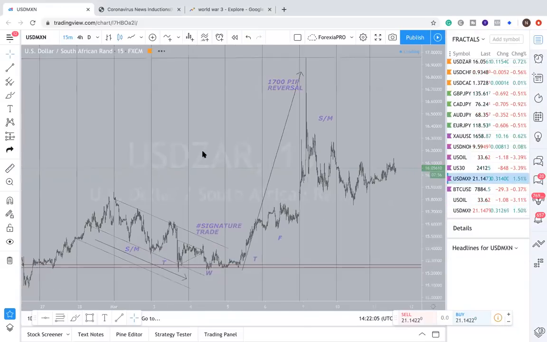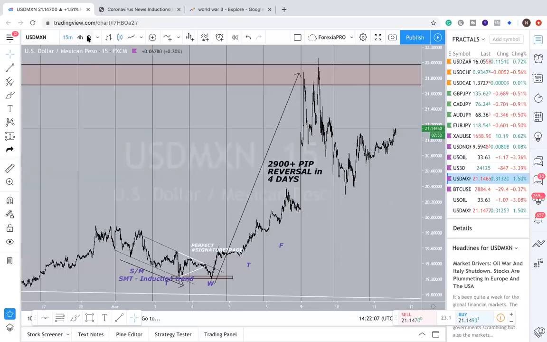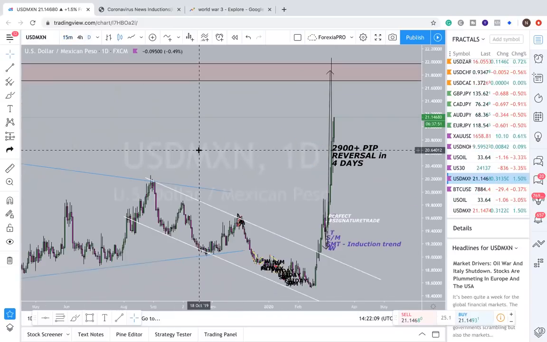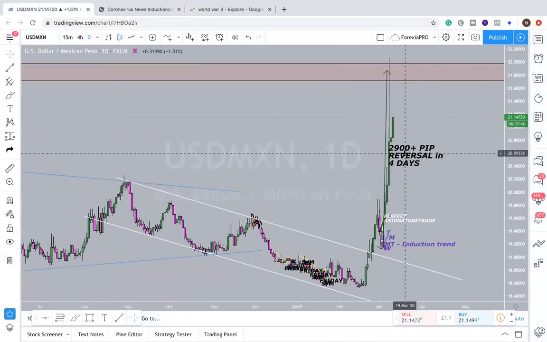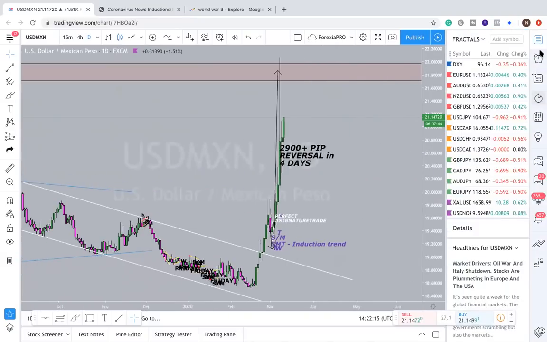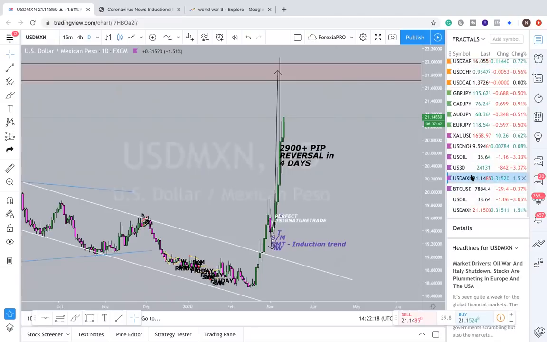Check out this as well. USD MXN on the daily. We have, all right, 1 second.